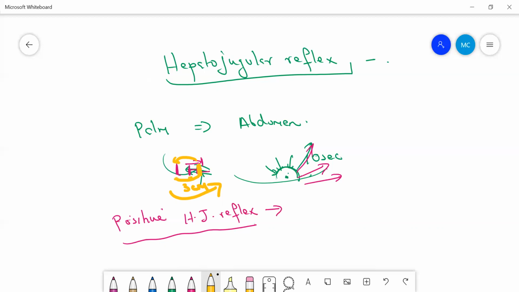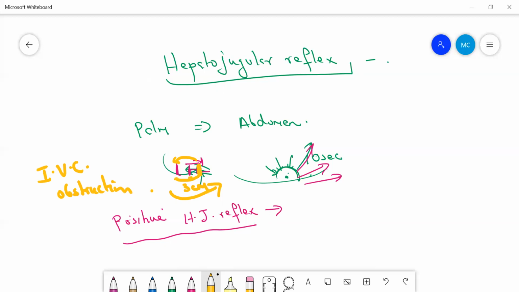And remember, there are some exceptions also. If the patient has an IVC obstruction, inferior vena cava obstruction, the upper level of the JVP does not move upward at all. Normally it should move upward by less than 3 centimeters.